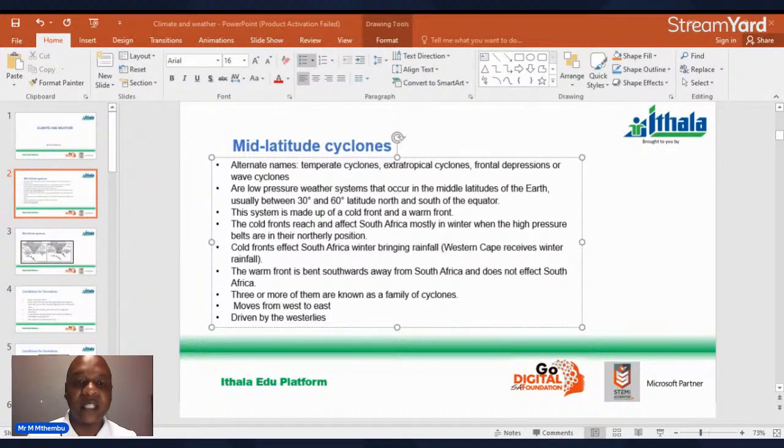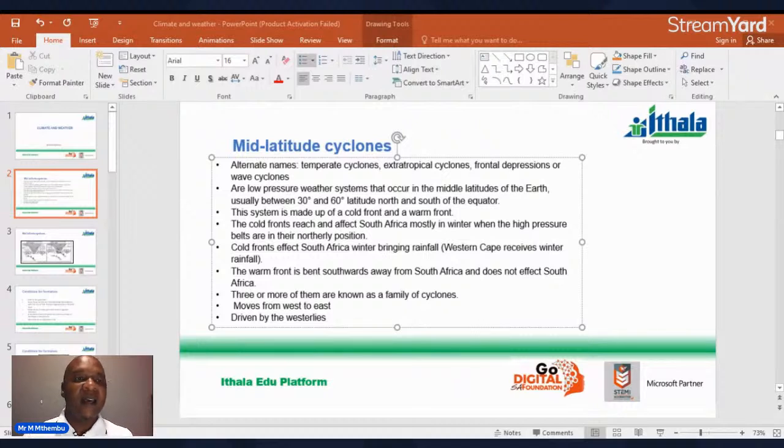And then the air that is driven by westerlies is shown by the other arrows. So here, at the pressure belts, air rises, the atmospheric pressure is low, the climatic weather is wet. The reason why we say it's wet is because you can see the clouds there, cumulonimbus clouds, so they bring heavy rainfall.